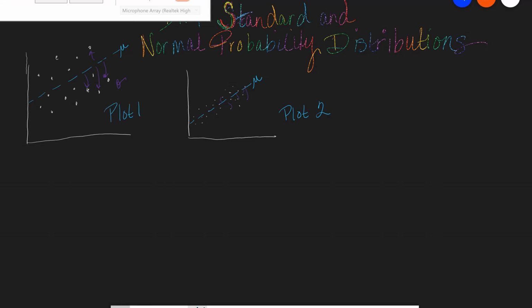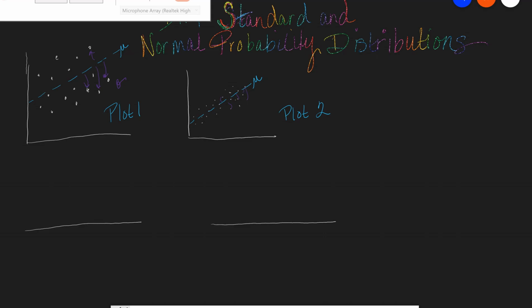So when I go to draw out a graph of each of these probability distributions, the shapes are going to be different. Knowing the population mean gives us a starting place.